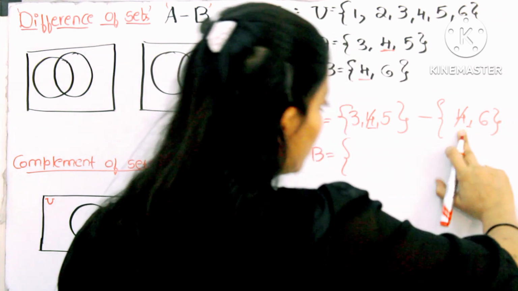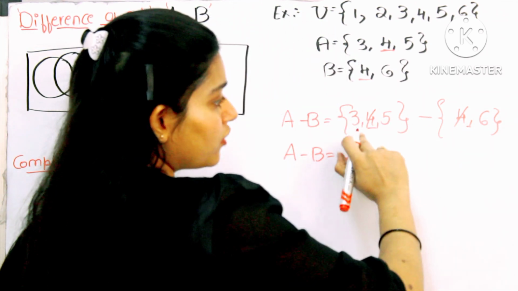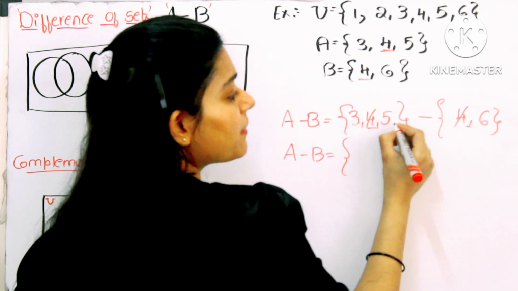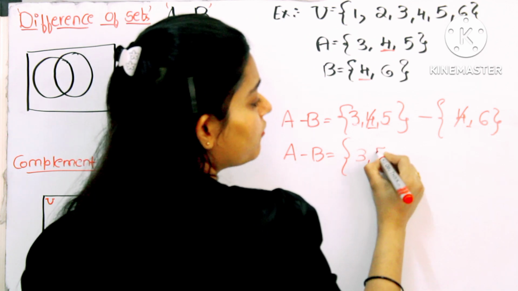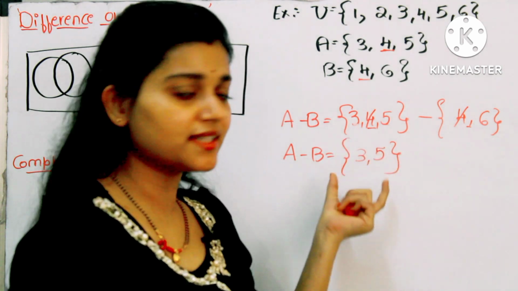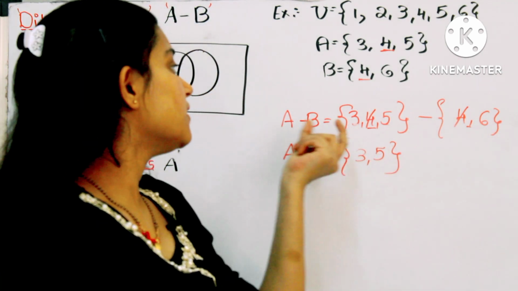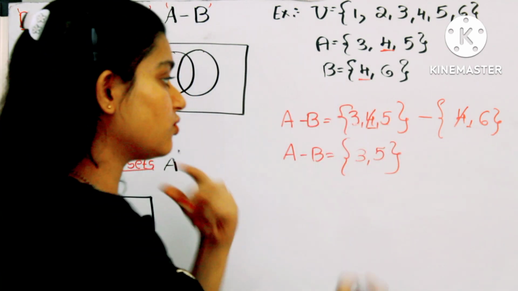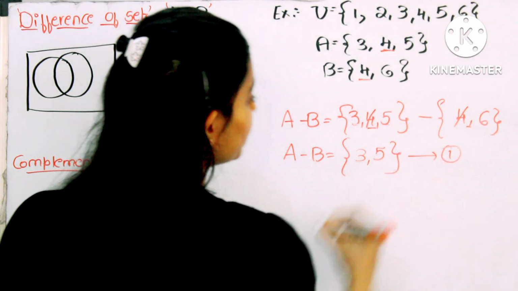So you have to remove 4 from A. What is remaining here? 3 and 5 are remaining. You have to write only the remaining elements of A. Don't write B, because we are doing A minus B. Take this as equation 1.